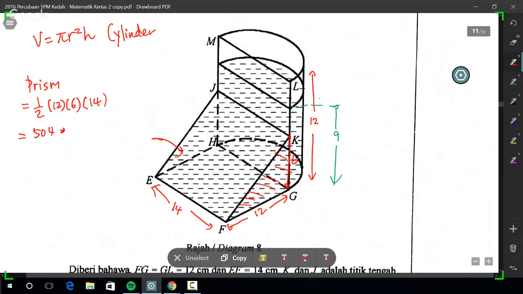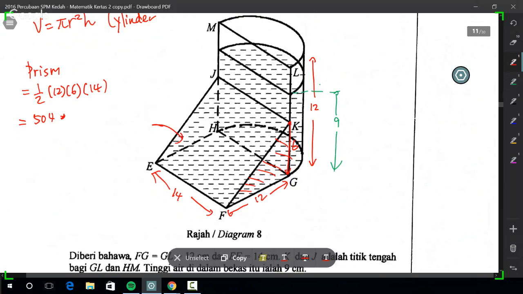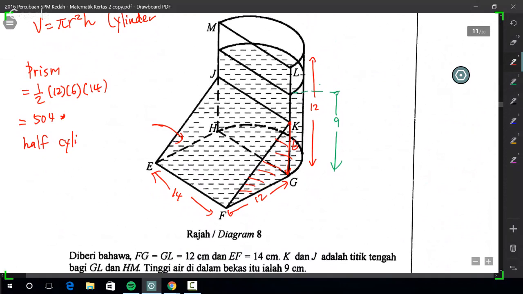All right, and then I want to find the half cylinder. It's basically half pi r square h. Pi is 22 over 7. The radius we need to find.